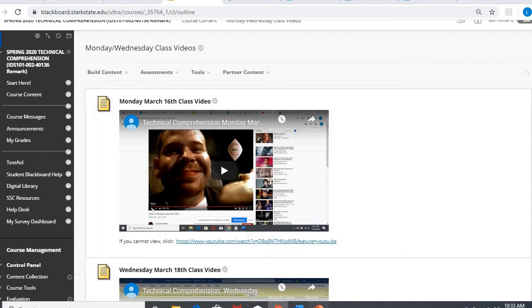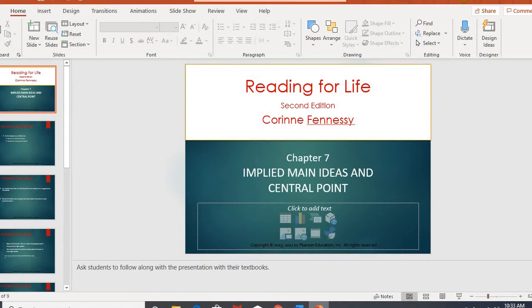Okay, so originally on our schedule today on our syllabus is Chapter 7. Chapter 7 is nice because it's based on something we've already talked about in a way, implied main ideas, finding the main ideas of paragraphs where the author has not directly stated their main idea. And then something that we're building on now, a central point, also known as a thesis statement.